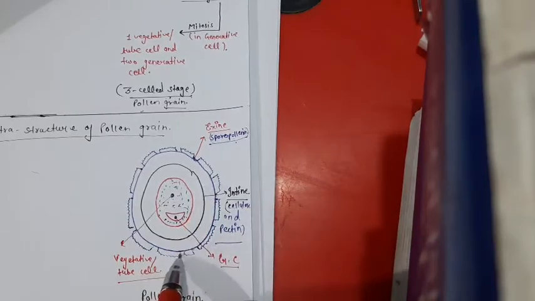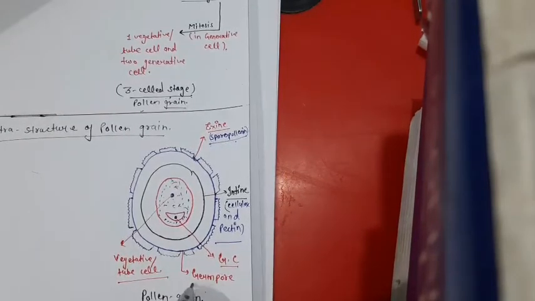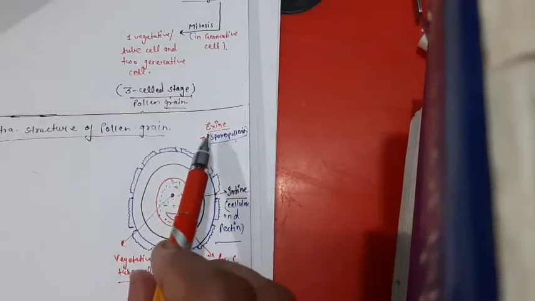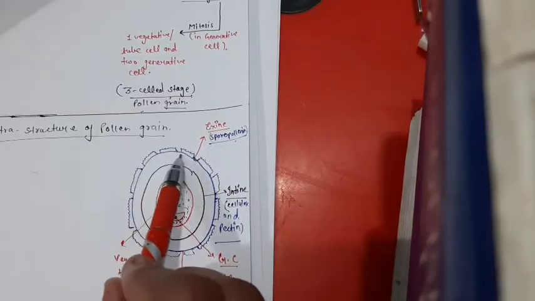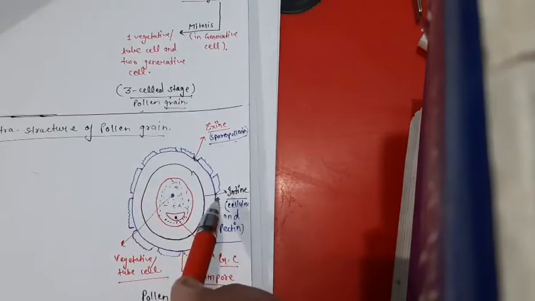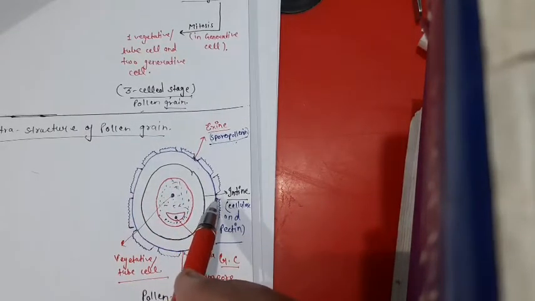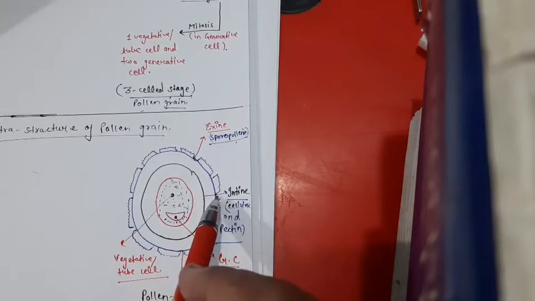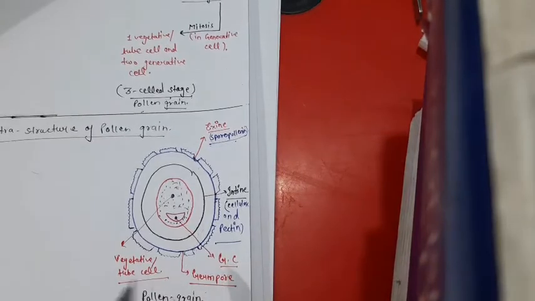This gap is called germ pore. And what is germ pore? The outermost layer is exine made up of sporopollenin, and where there is a gap, there is a thin or absent layer of sporopollenin, and that region is called germ pore. Okay friends.